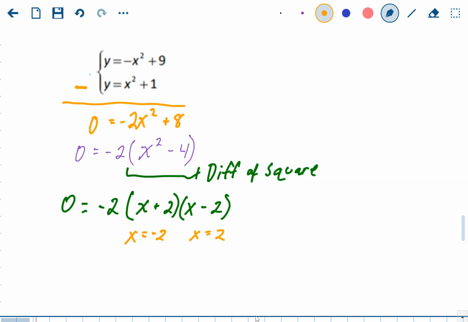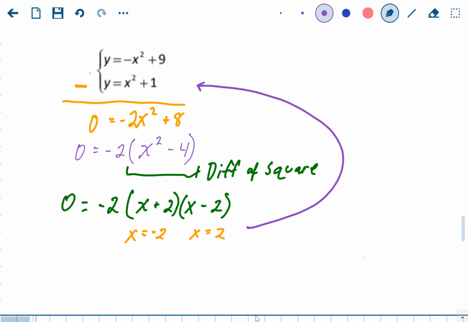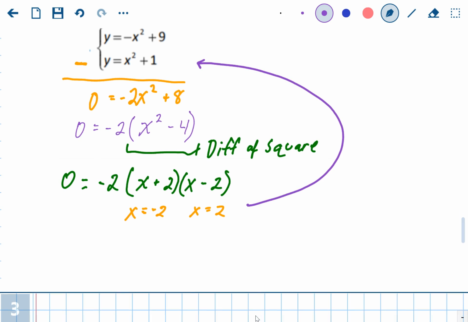Now again, those aren't our answers. It's half of the points, but we still need the y values. So this time we're going to have to plug these back in, and this one we can't really avoid plugging into a quadratic. We're going to have to because they're both quadratic. So I'm going to use the second one just so I don't have to deal with the negative sign. I'm going to plug in -2 for x in x squared plus 1.